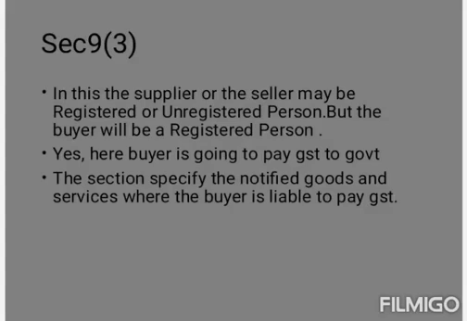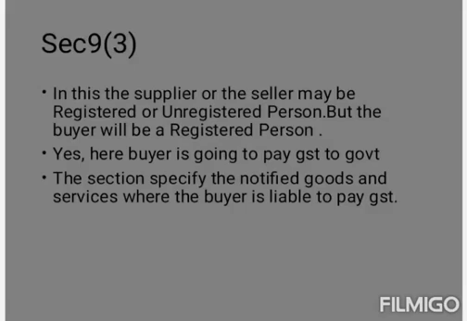Right, so we are heading towards section 9 subsection 3. In this, the supplier or the seller might be a registered person. We already discussed under section 25 who the registered persons are, but here we'll see that the seller is a registered person or he might be an unregistered person.